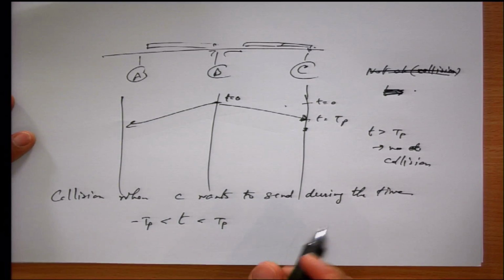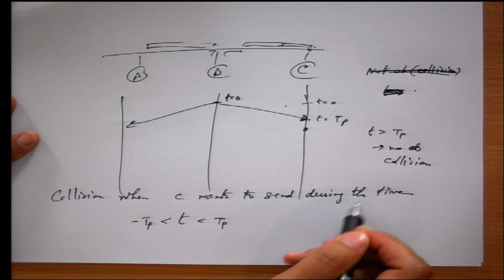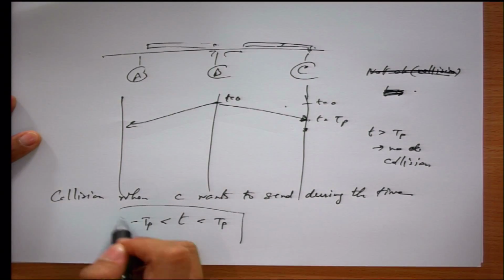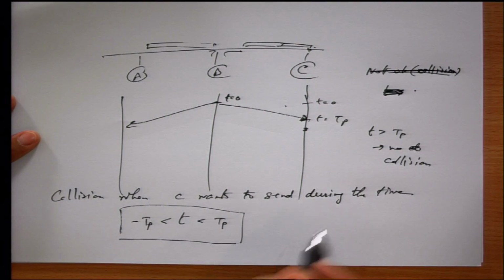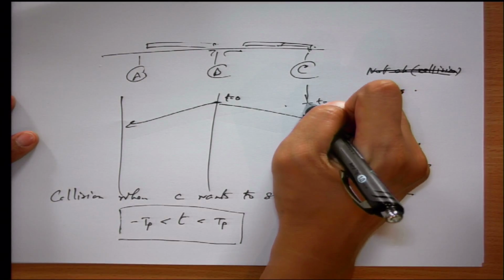I'm telling you that a collision will occur if C wants to send during this time, minus t sub p to t sub p. So let's see, if C wants to send from t equals 0, there is a problem.